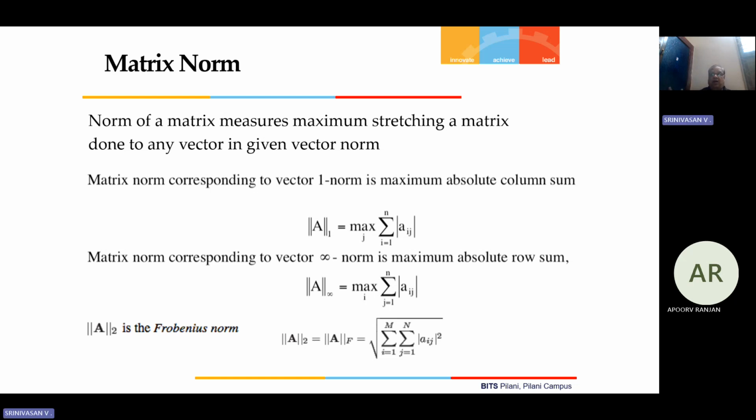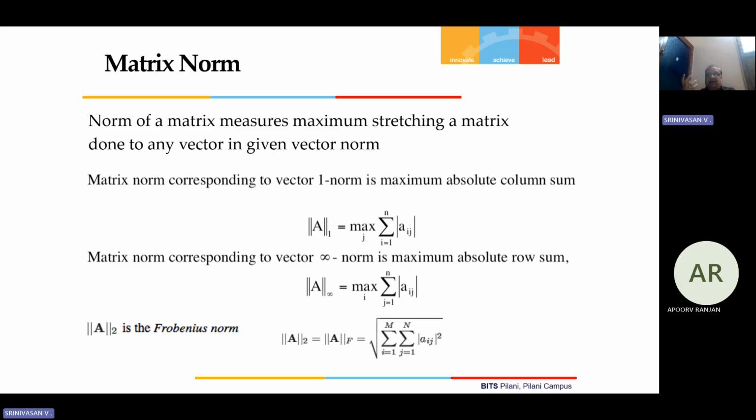So the absolute column sum is the summation over i equal to 1 to n of modulus Aij, maximum over j. That is called the matrix norm corresponding to the vector 1 norm. Next, the matrix norm corresponding to the vector infinity norm. Okay, just a notation. We don't go into the infinity concept here.